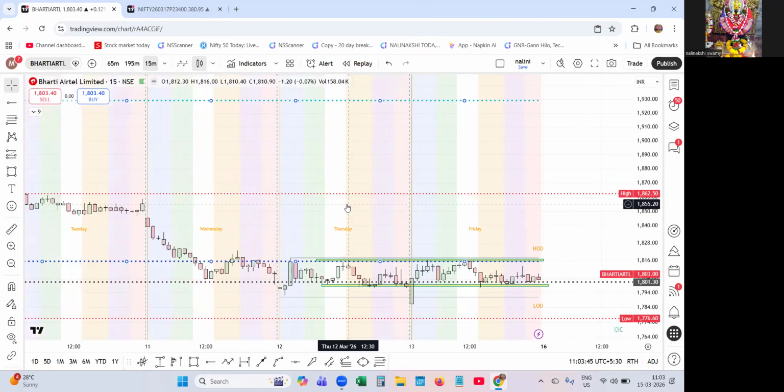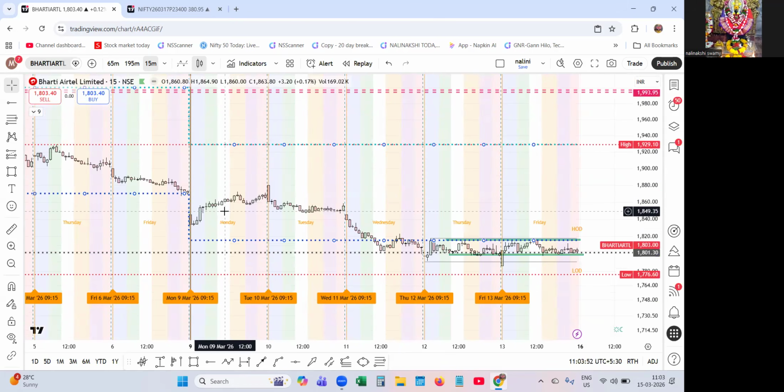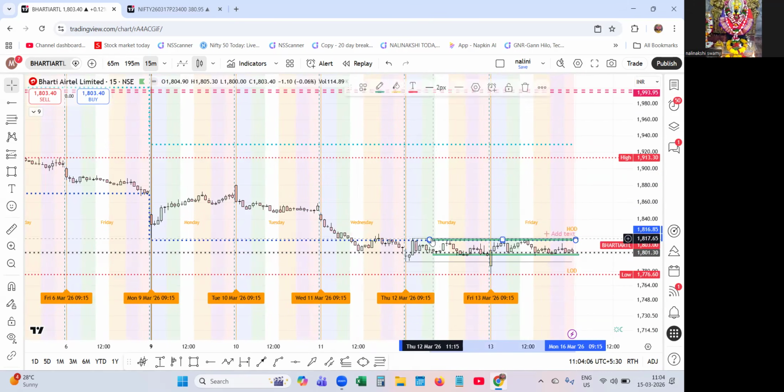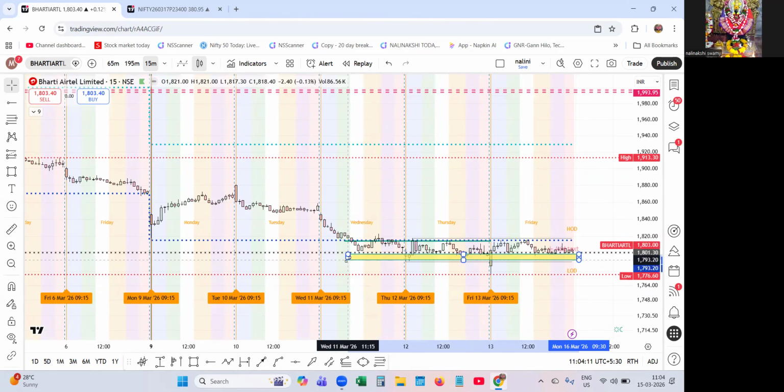See, here, the Bharti Airtel, which day is it? Monday. The previous week, Monday, Tuesday, Wednesday, it has come down, and Thursday and Friday, it is under consolidation. All the time cycles are aligning with each other.